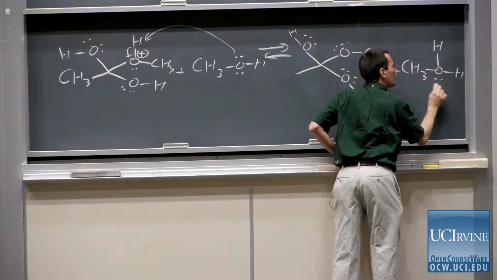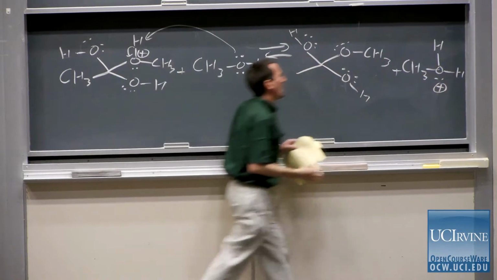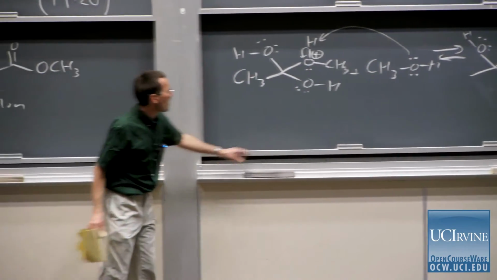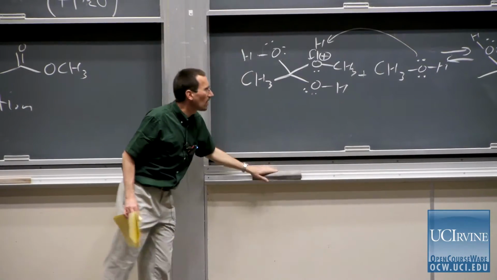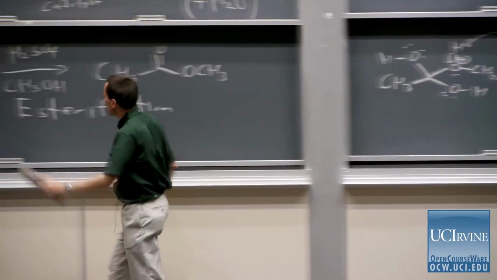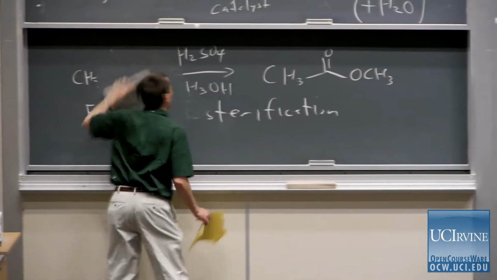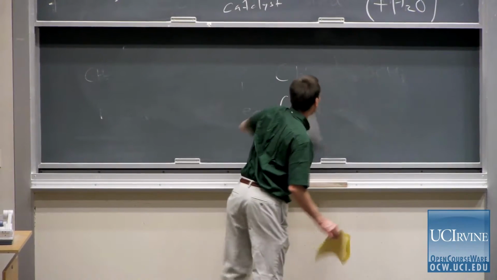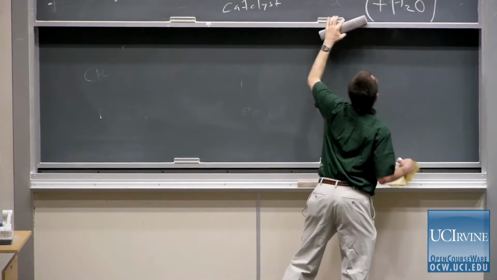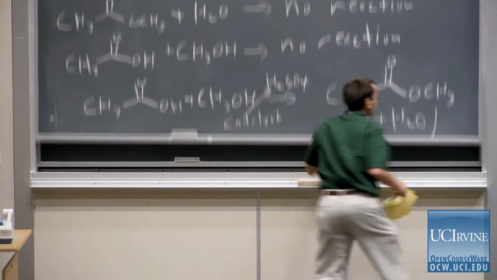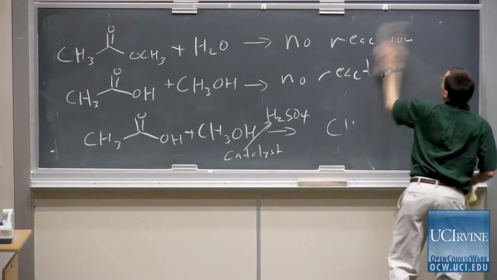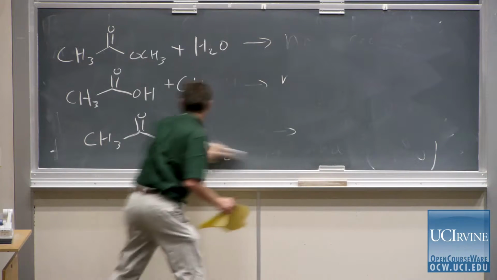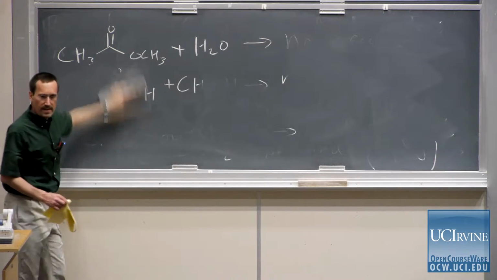Doesn't matter which side I write the proton on, which side I write the lone pair of electrons on. I'm representing a tetrahedral oxygen atom, an oxygen atom with 4 substituents equally disposed about it. I guess you'd call it trigonal pyramidal for the geometry of the oxygen. All right, so that sort of takes us to an uncharged tetrahedral intermediate.